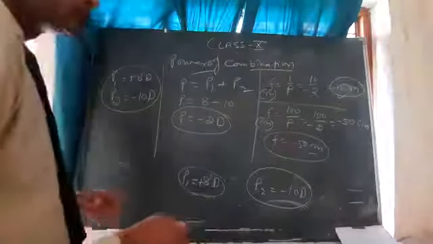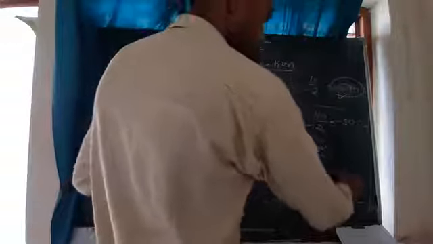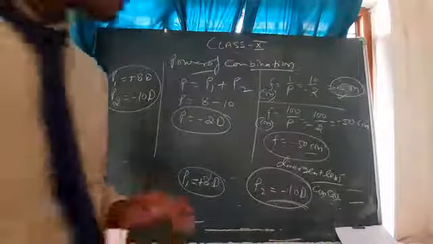It means the combination of lenses behaves as a divergent lens. Divergent means it is a concave lens, because the negative sign comes with a concave lens, and it is a diverging lens.